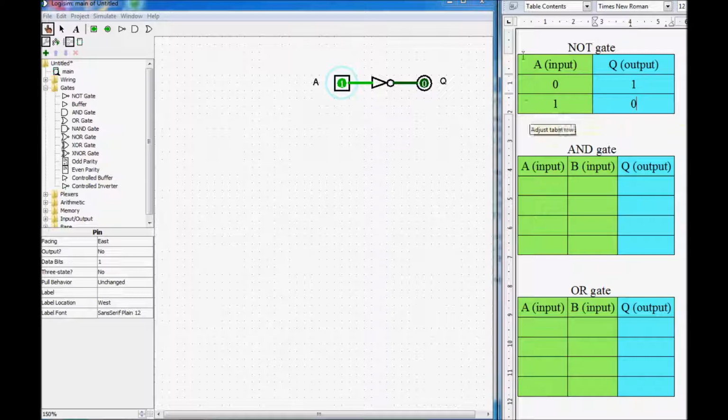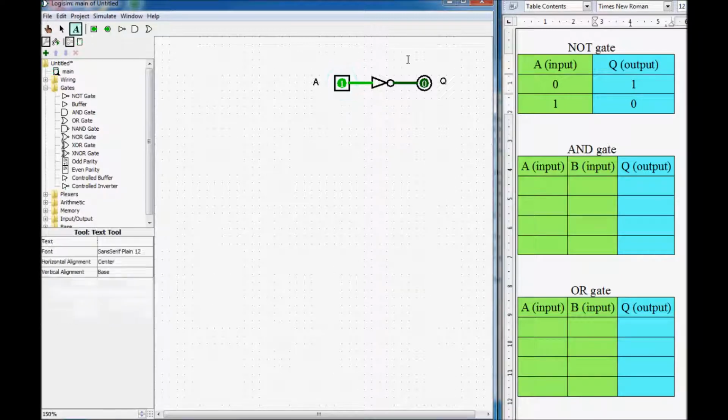Here are the combinations that we can have on the input of our gate, and here are the outputs in each case. Also, each gate has its own formula. In this case, the formula that describes the operation of the NOT gate will look like this.